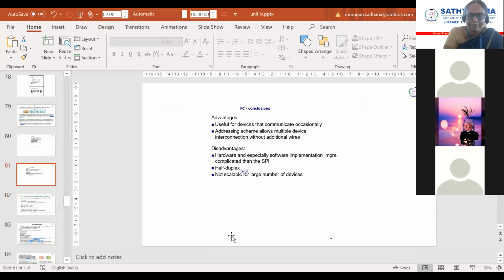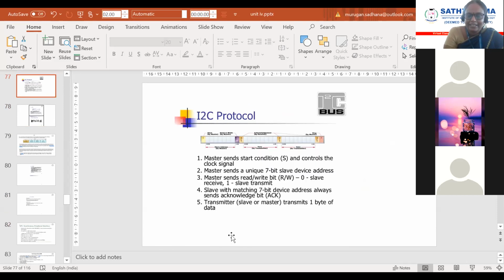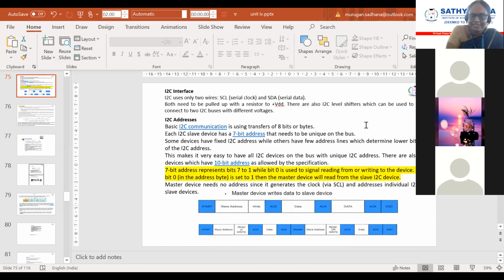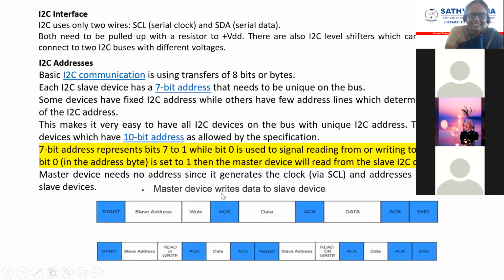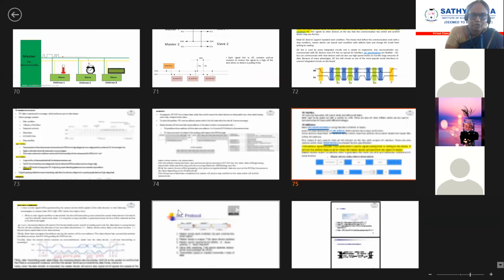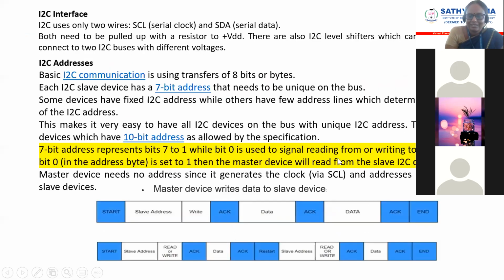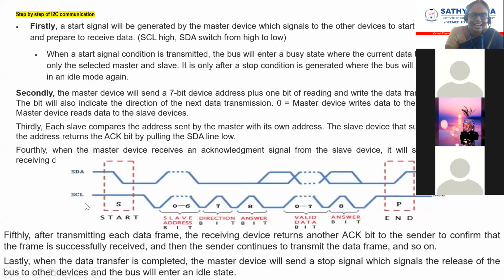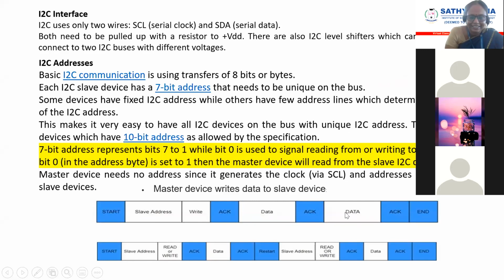They asked about the I2C protocol. You just see, I think you people can see this figure alone. You can understand: start bit will be there, slave address, write or read, acknowledgement, data, acknowledgement, data, acknowledgement. That means one slave address, multiple data can be sent. Here different slave address, single data can be sent.